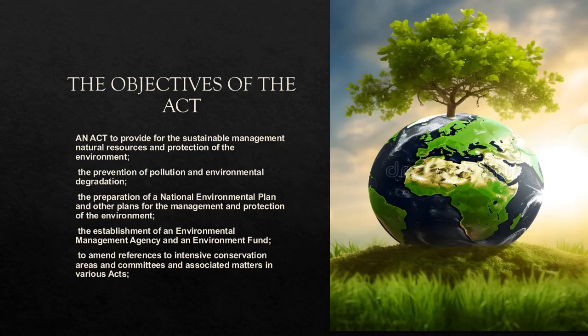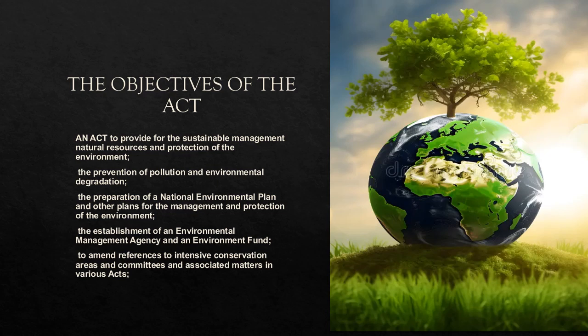It says that it is an act that provides for the sustainable management of natural resources and protection of the environment. So we see from the get-go that we want to attain sustainable management of natural resources. We want to achieve sustainable development. So it is at the center of environmental protection in Zimbabwe, sustainable development.